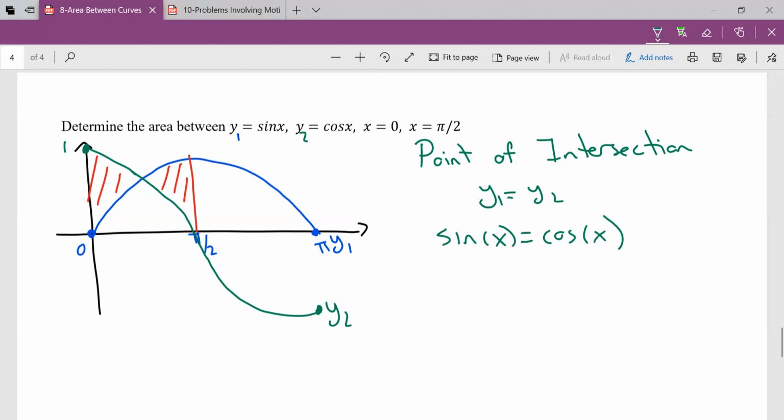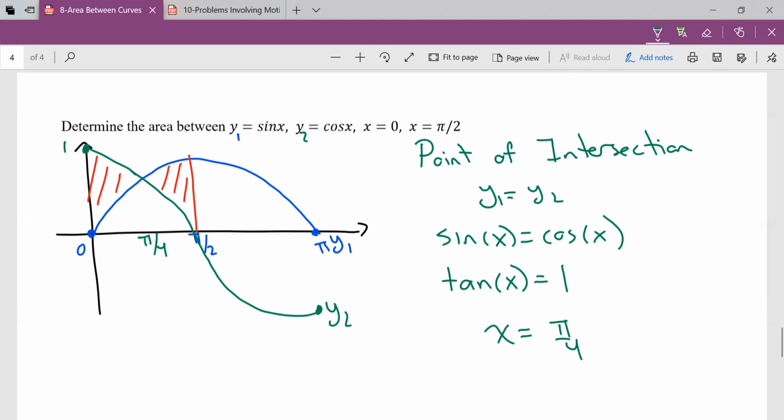Well, there's all sorts of ways you could do this. You could just start thinking of your unit circle right now. You could divide both sides by cos x, and then you get tangent x is equal to 1. Well, where is tangent x equal to 1? Well, tangent x is equal to 1 at pi quarter. So our point of intersection right there is pi quarter.